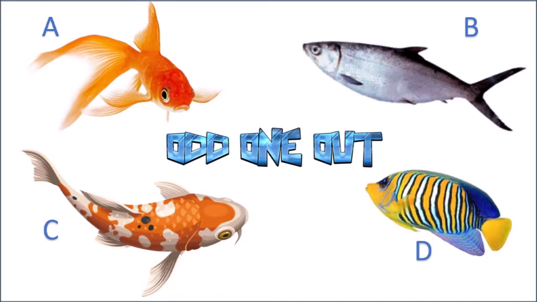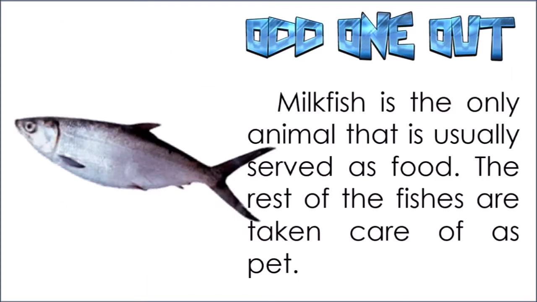For starters, if I ask you which one is the odd one out, A, B, C, or D, what do you think is the answer? Okay, so apparently the odd one out is the letter B, which is the milkfish. It is the only animal that is usually served as a food.